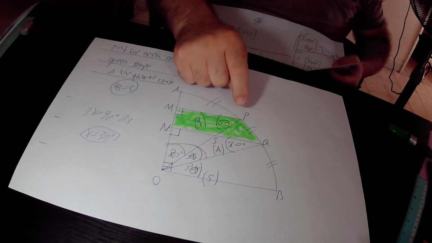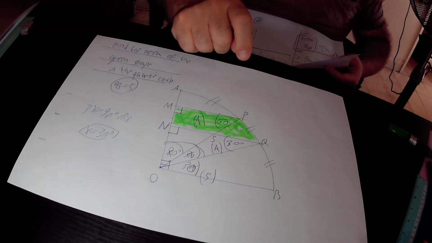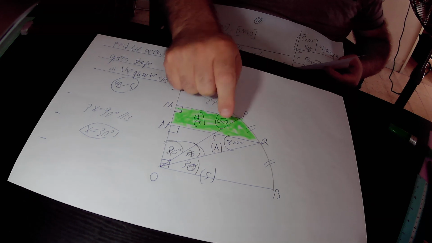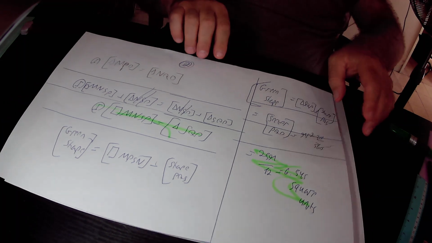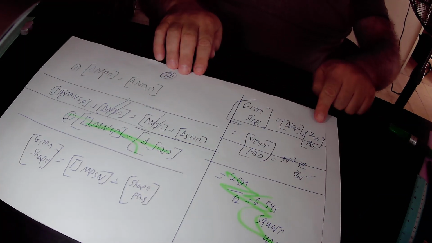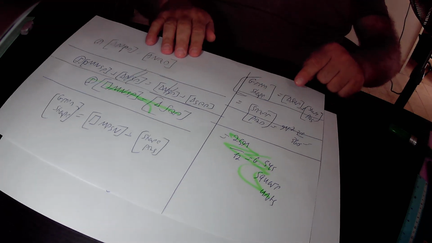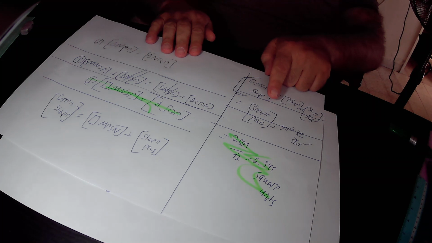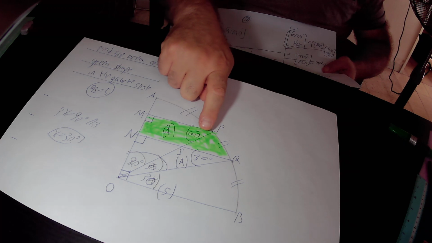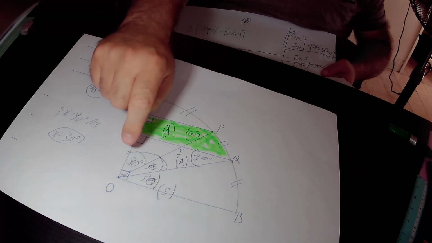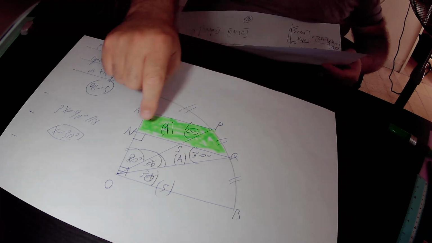It is very easy to see that the area of triangle SQO plus the area of this shape PQS equals exactly the area of sector PQO.